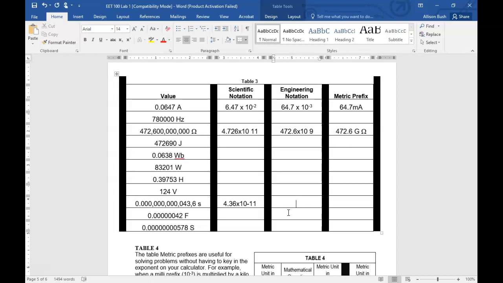Got to be a power of 3, right? So in this case, I get 43.6 times 10 to the negative 12. Okay? Everybody understand how we got there?